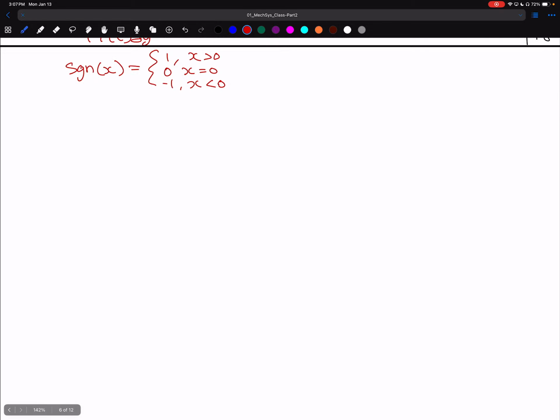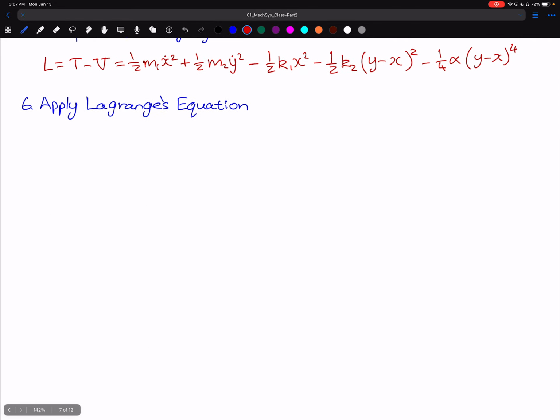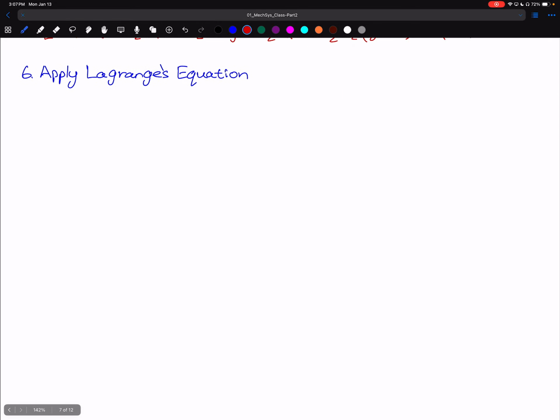Okay, we are going to continue and finish this example. I know it's a lot to absorb. We have a lot to cover in the class, so we're going to progress and go ahead. We're going to apply Lagrange's equation. So that written out is going to be d over dt partial L over partial q_i dot, minus partial L over partial q_i, and that's going to be equal to our generalized forces, Q_i.